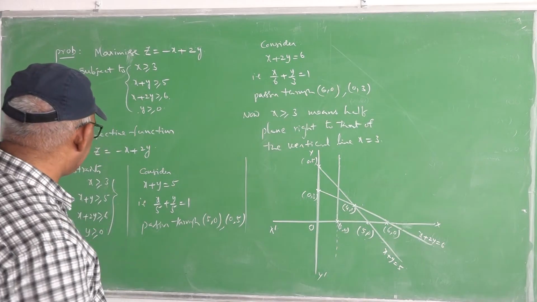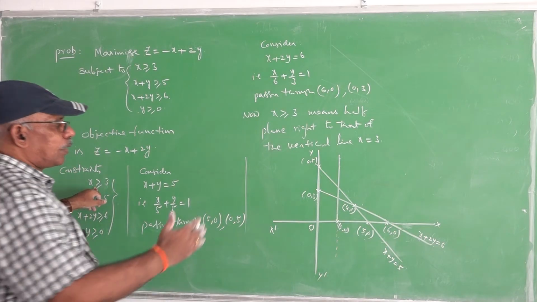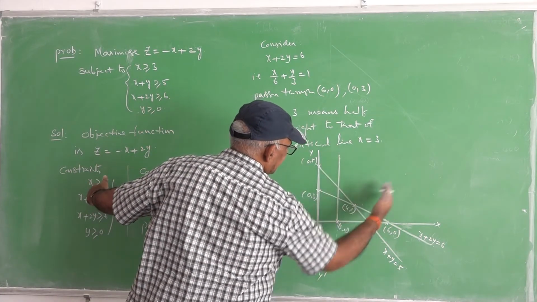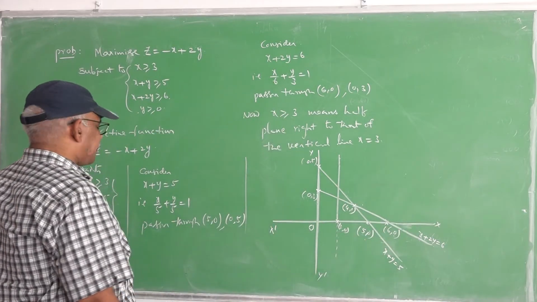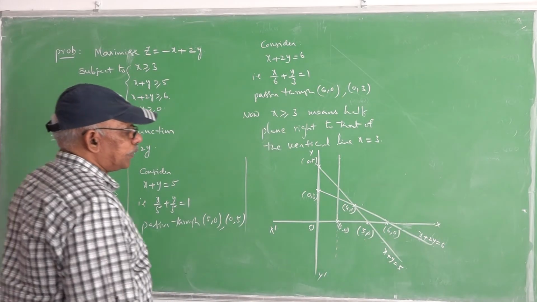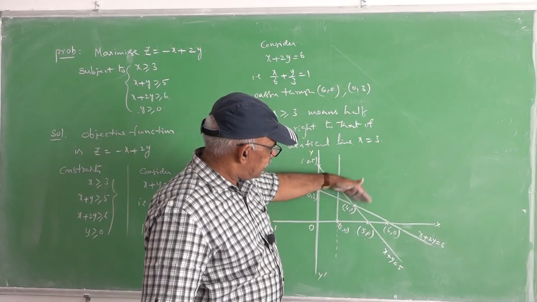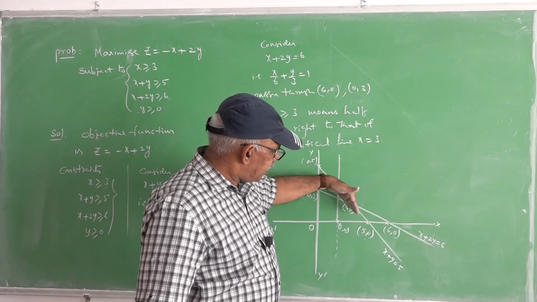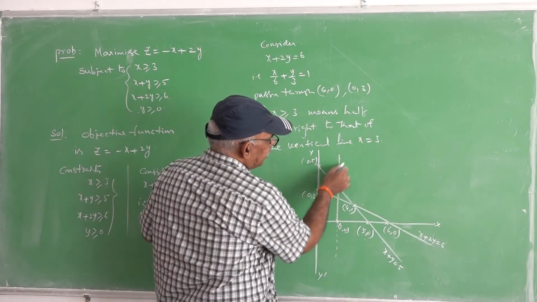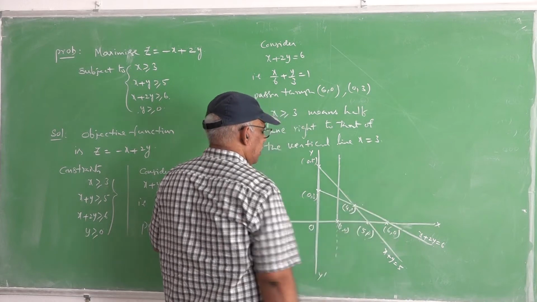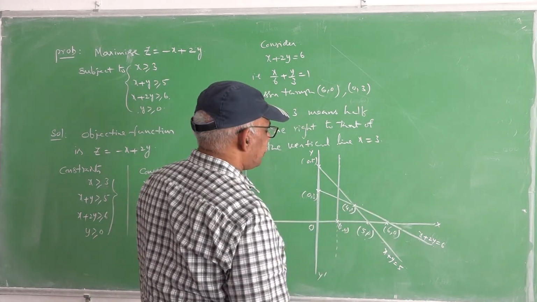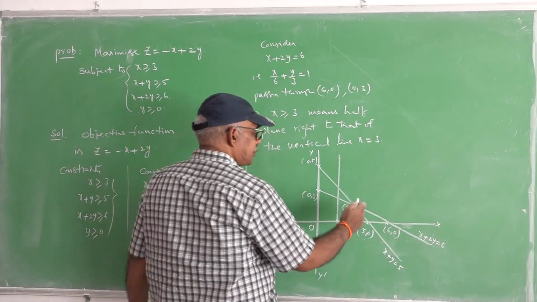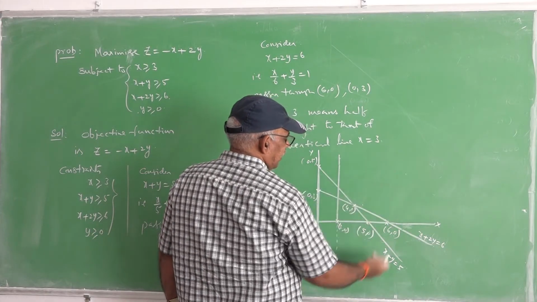So the region bounded by this one, x greater than or equal to 3 means this region. x plus y greater than or equal to 5 means above this line, and x plus 2y greater than or equal to 6 means above this line.